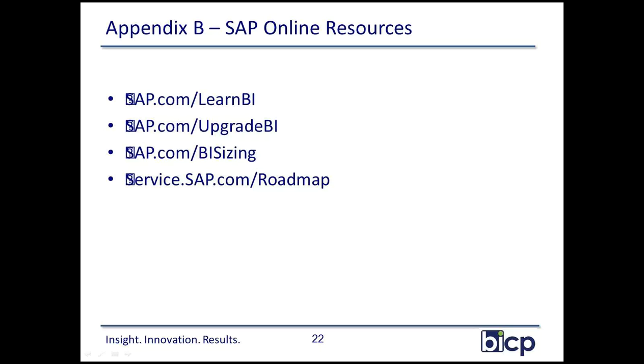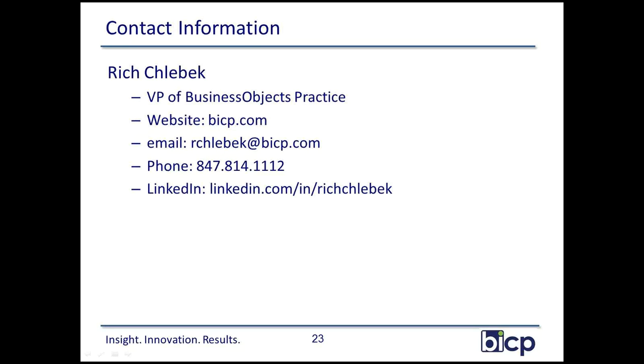And then there's also the link on the roadmap that SAP has. Here's my contact information as well. Through the emails that you've gotten in joining this webinar, you'll also have access to Michelle Whaley's email. Feel free to contact her or myself with any additional questions you have.